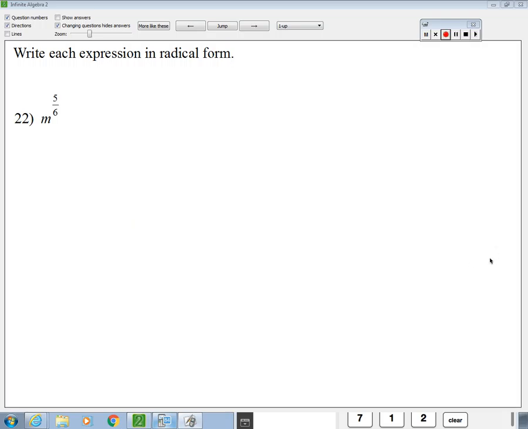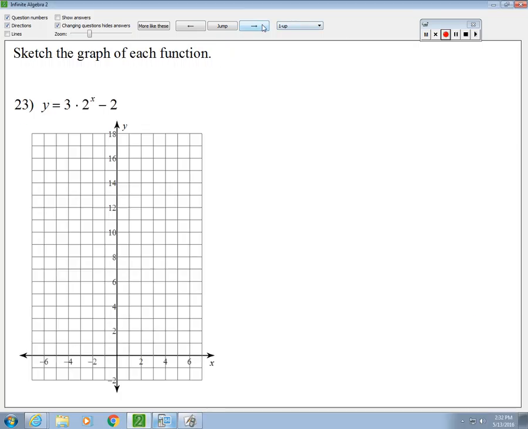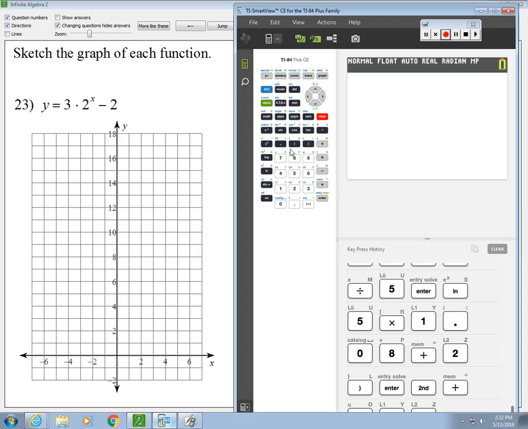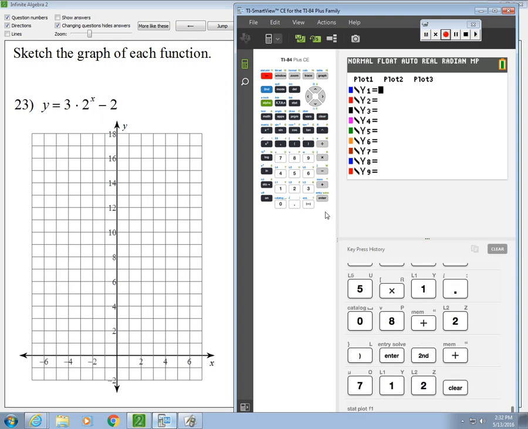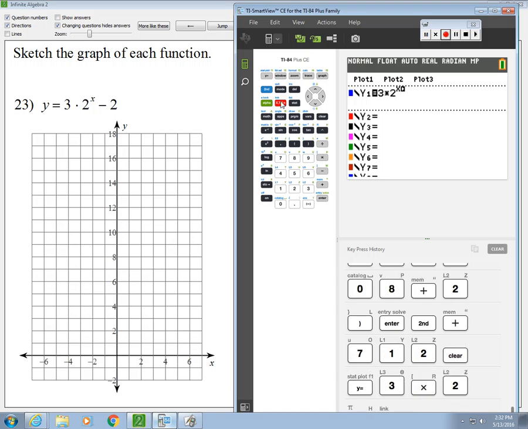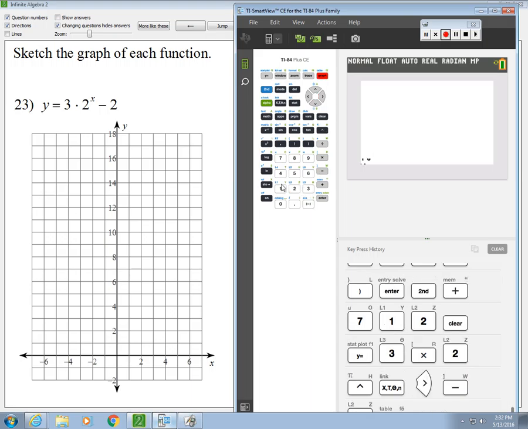All right, number 23. Sketch the graph of each function. Okay, so what you'll do is you'll just get your calculator and graph it. Y equals 3 times 2 raised to the x power minus 2. Graph. That's what it'll look like.